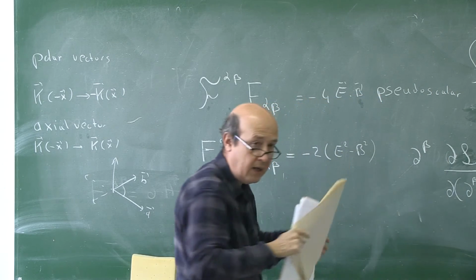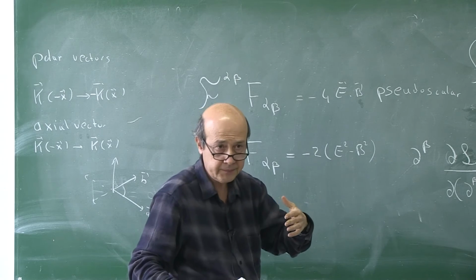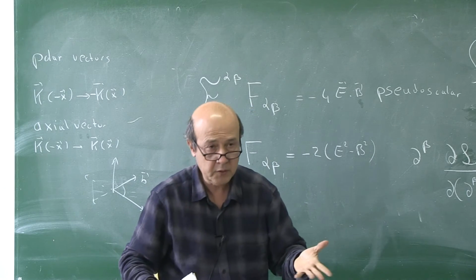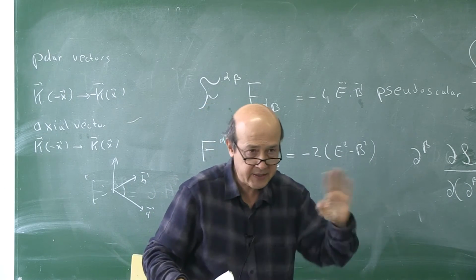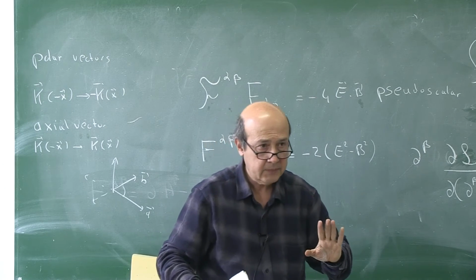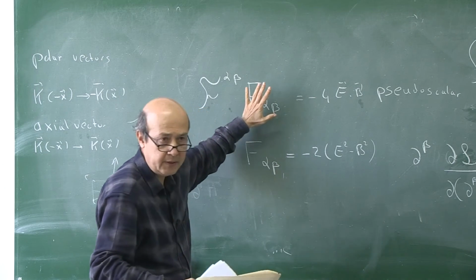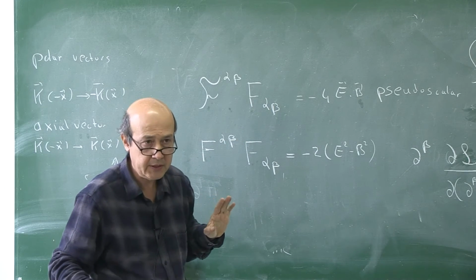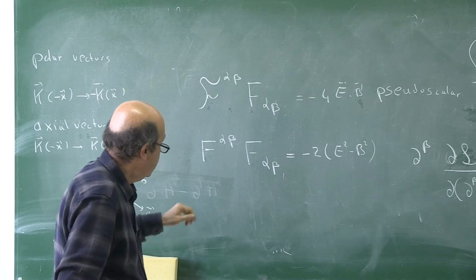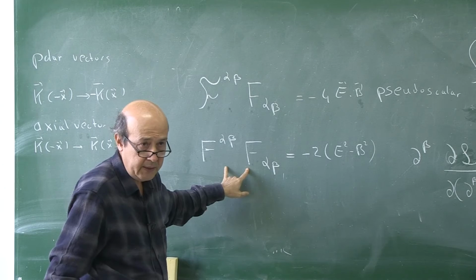That means that under the parity inversion or improper Lorentz transformation, it changes sign. So I am going to eliminate this one for the choice of the Lagrangian density. So we don't have this problem here.